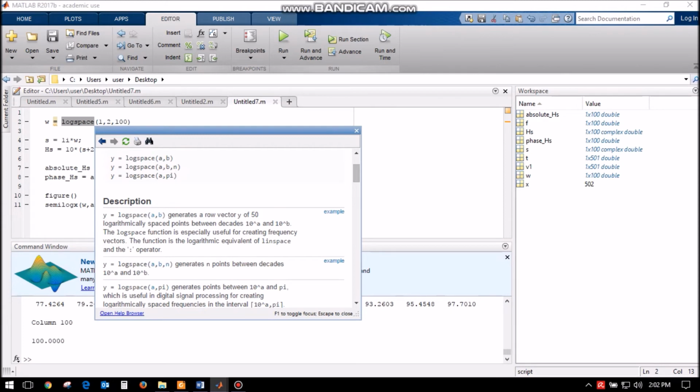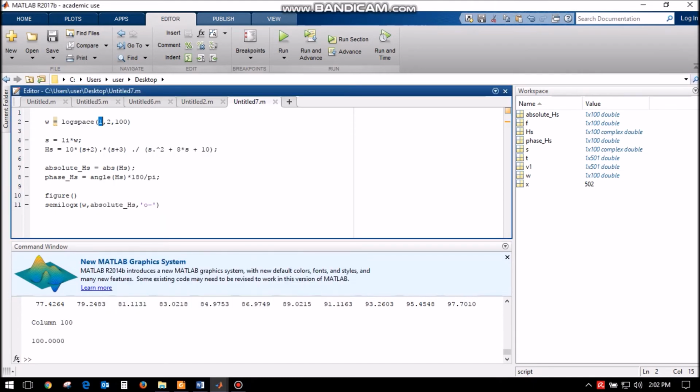So a and b refer to 10 to the power of a and 10 to the power of b, and how many points? That's n, the number of points. So here 10 to the power of 1, 10 to the power of 2, for 100 points.